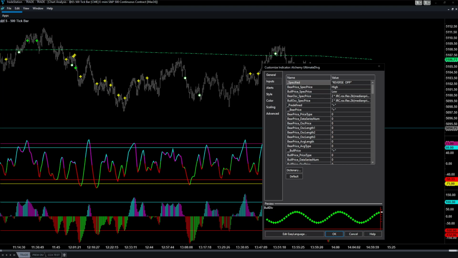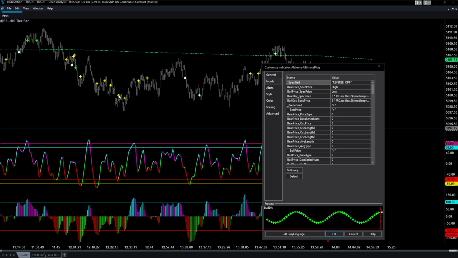I've only got the divergence signal itself being plotted here. I'm not plotting the pivot. It's kind of irrelevant. Well, it's not irrelevant, but it's of no use when it comes to identifying where the divergence is taking place.